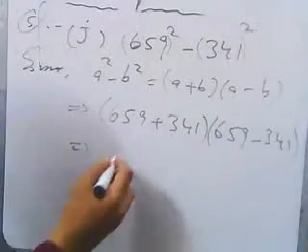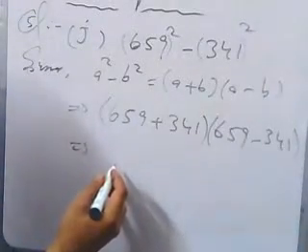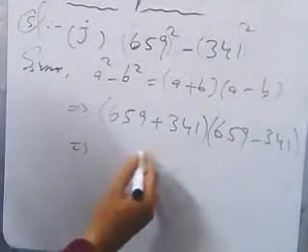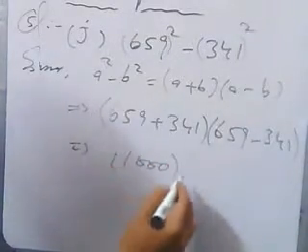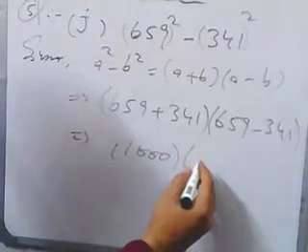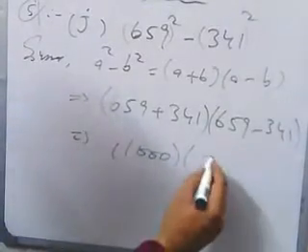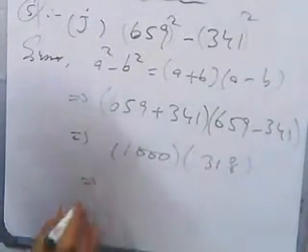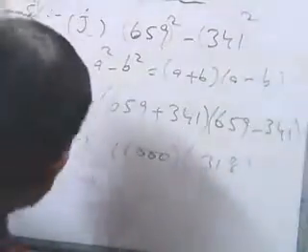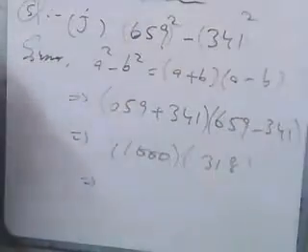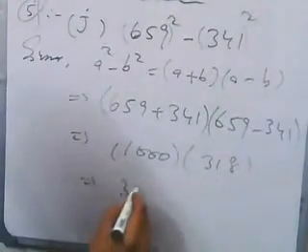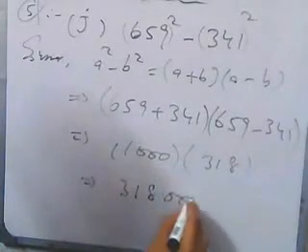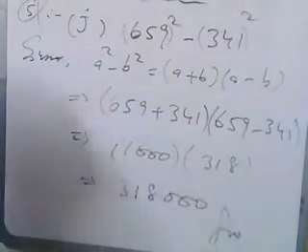So by simplification you will get the result. For example, this is your 1000 and this is, by using the calculator, approximately 318. By multiplication, using the calculator, you will get the result. So here is your result.